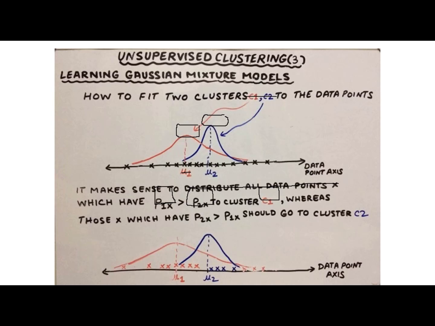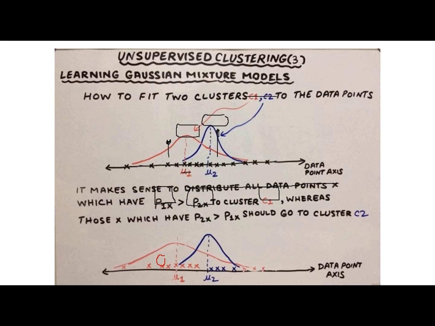So let's take an example of a data point here. This data point has a higher probability value in cluster C1, so we are going to label this with red color. And if we look at the data point over here, for this data point, cluster C2 has higher value than C1.